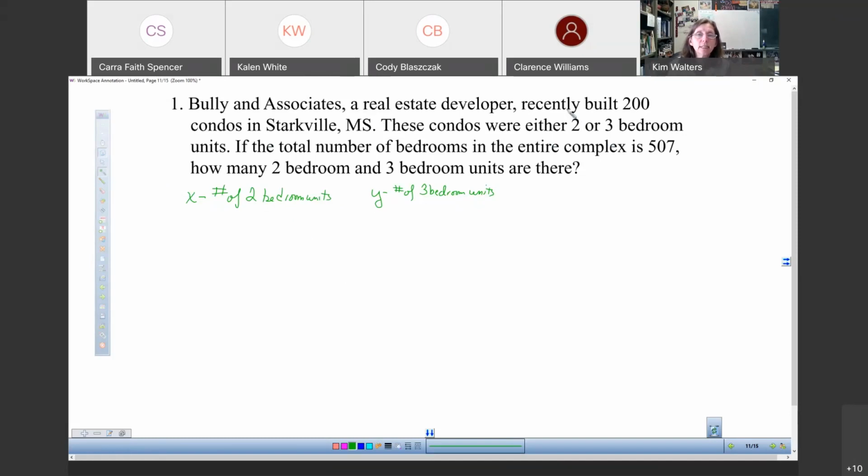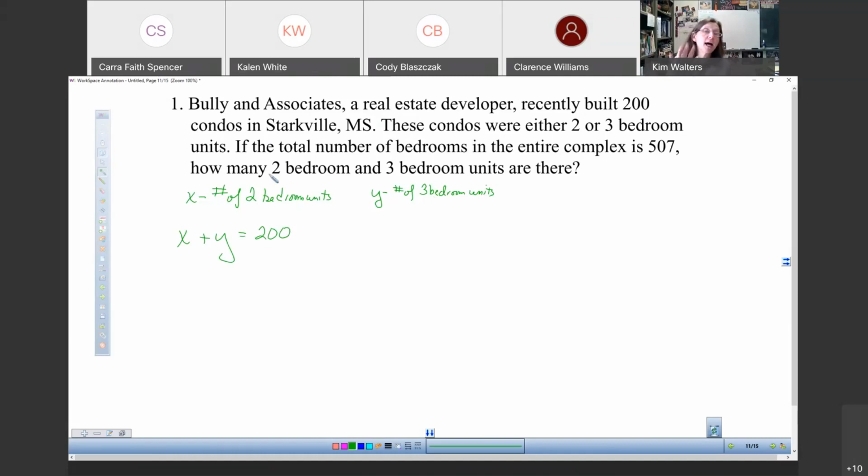I know that the real estate developer built 200 condos. So 200 units means that X plus Y is equal to 200. So there's X of these and there's Y of these. The other thing I know is something about the number of bedrooms. Every 2-bedroom unit, let's think about this: if I have 5 2-bedroom units, that's a total of 10 bedrooms, because I had 2 times 5.